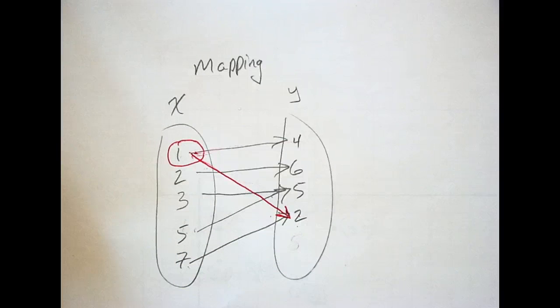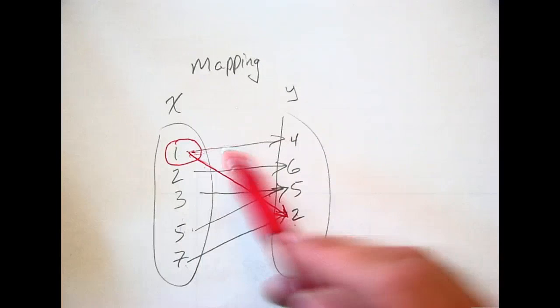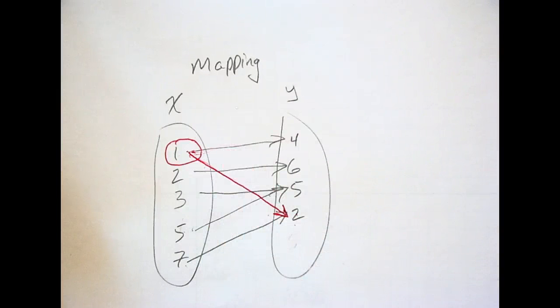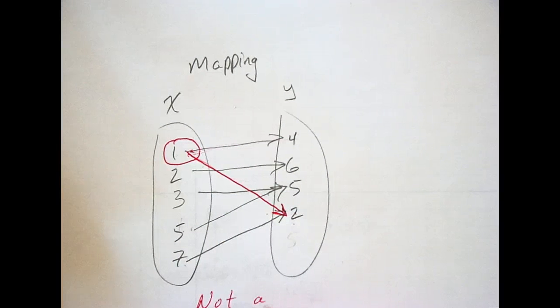Okay, so we have a vertical line test. We have kind of just using our eyes, looking at the table, seeing if two of the same x go to different y's. Or a mapping diagram, which is kind of the same. You're looking for the same x going to two different y's. Then it's not a function.